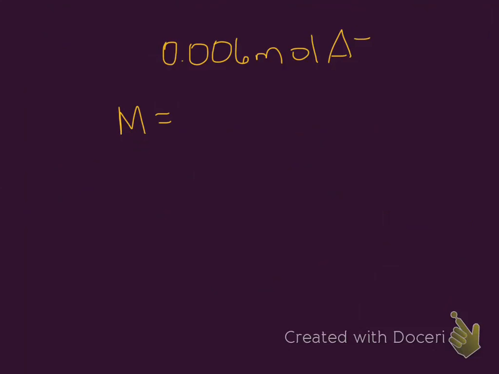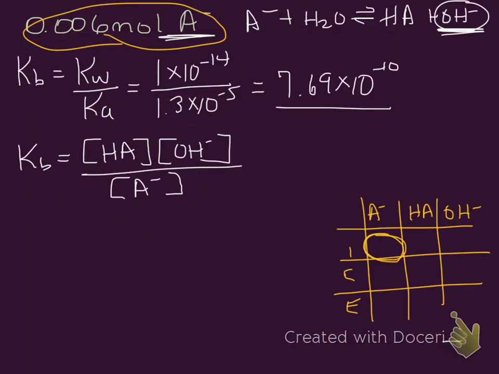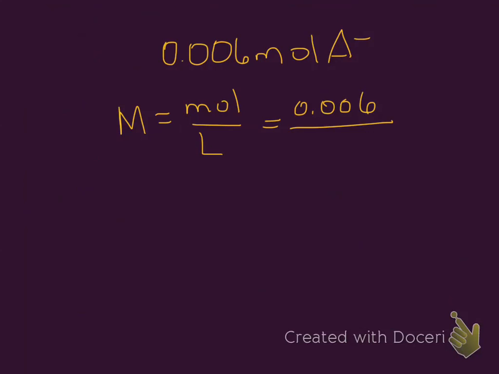We know that molarity equals moles over liters. Well, we know the moles, and now we're going to need to find the liters. If we go back to where we titrated, we had 60 milliliters to start with. We added in 30 mL. So we know we have 90 milliliters, and that's going to be 0.09 liters. So we take this and we divide by 0.09, and that's going to give us our molarity value.